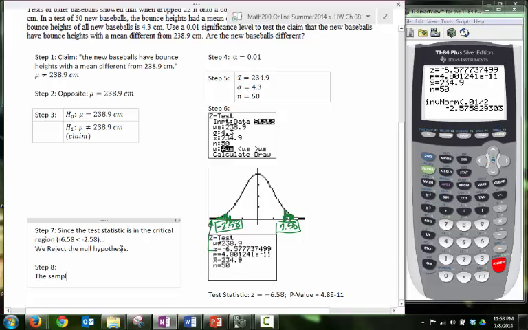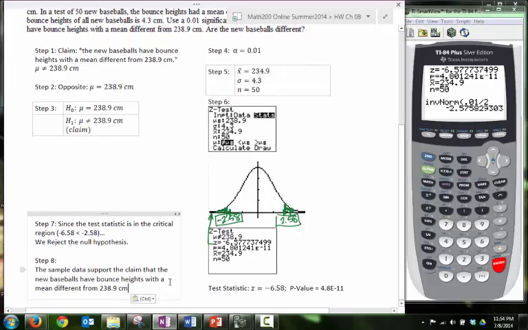So after going through the flowchart, you can see that the phrase that you're going to use is that the sample data support the claim that, and then the actual claim was this first statement that we came up with. So we can just copy and paste that, and this is the end of our hypothesis test.